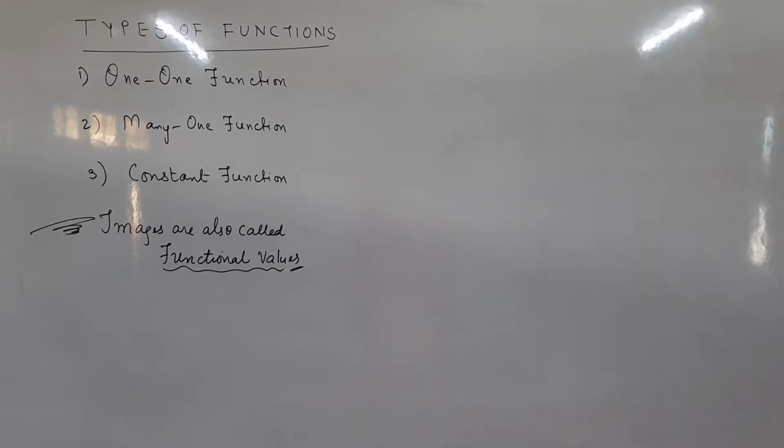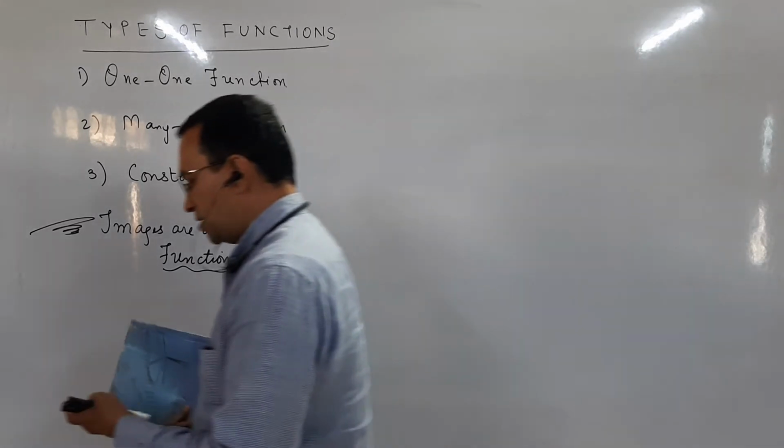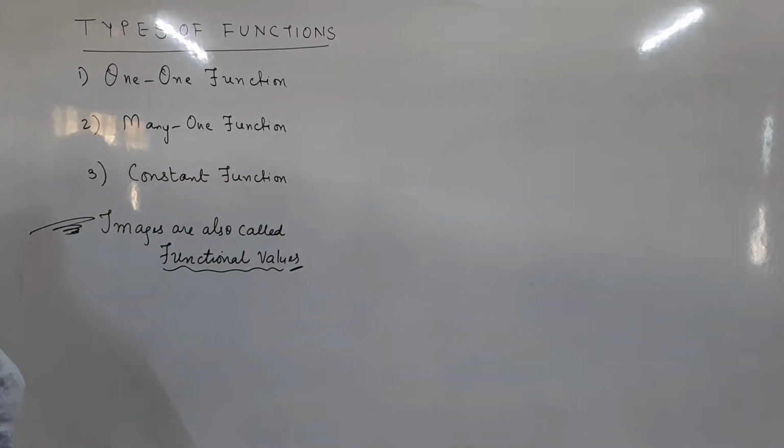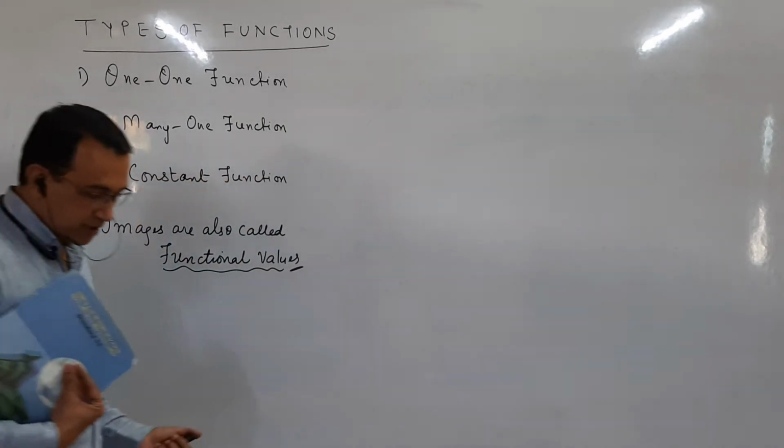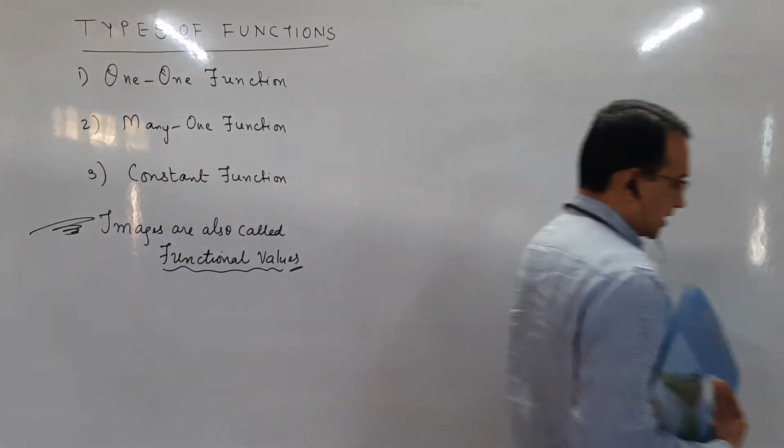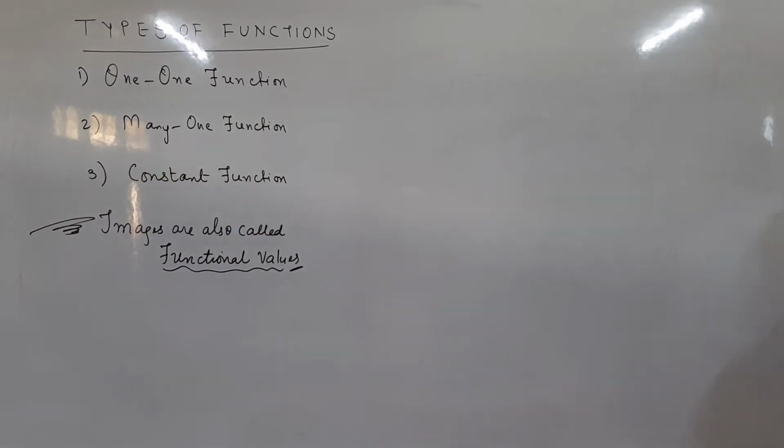Now students, in the previous lecture, exercise 8 section A, we have completed the first 7 MCQs. MCQ 8 is not done because that concept is still pending. Now, in section B, we have done the first 3 questions.